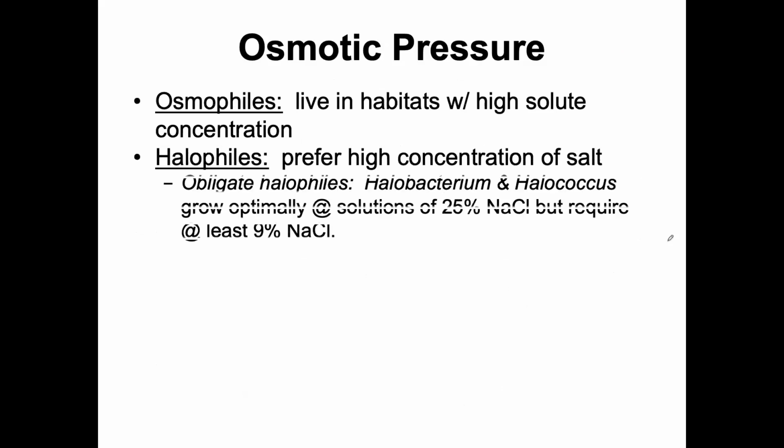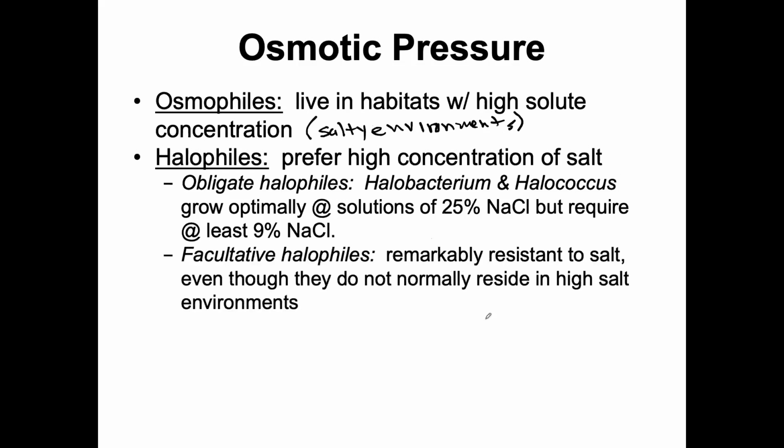Osmotic pressure. Osmophiles like high solute concentrations. So let's call it salty environments. And halophiles like very high concentrations of salt, like halobacteria and halococcus. 25% sodium chloride is optimal, and they have to have at least 9% to survive.